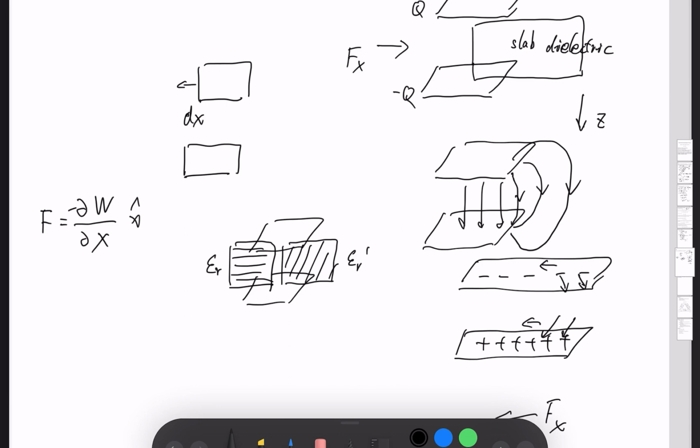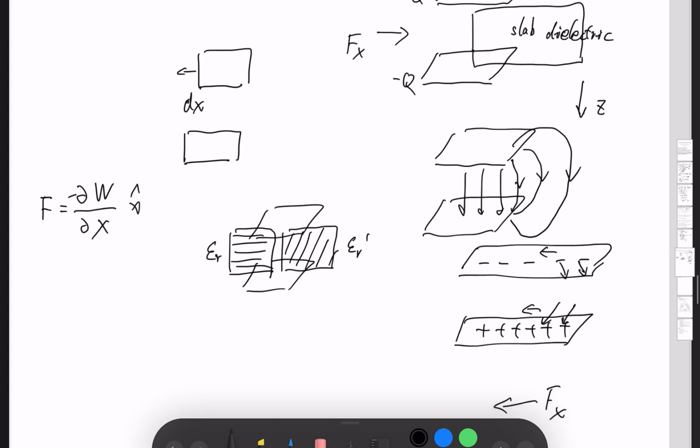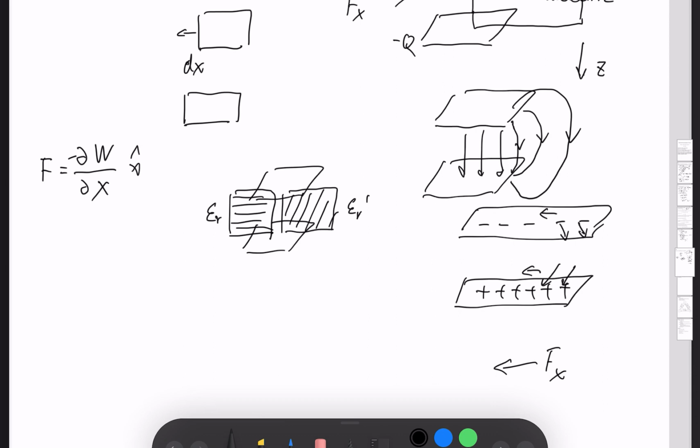You can solve that problem in the homework, and set epsilon r to 0 for one case, and then you should get the capacity of this problem.